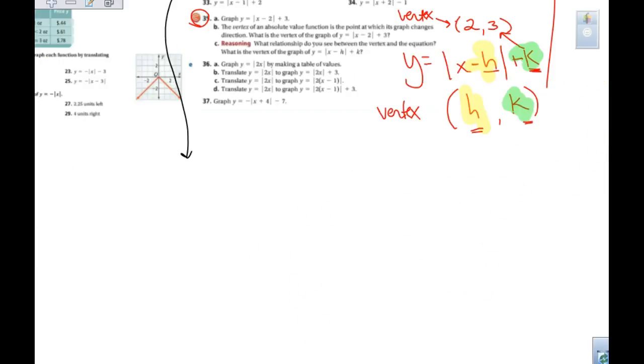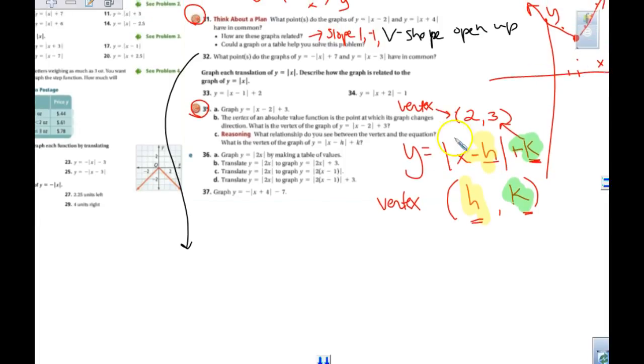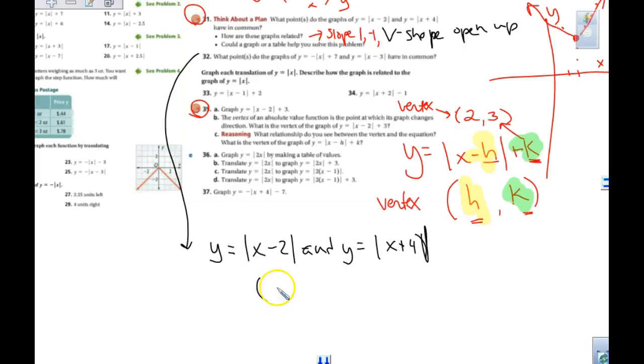So if we are looking at those two equations, we had y equals the absolute value of x minus 2, and y equals the absolute value of x plus 4. My y coordinate of my vertex did not change. This one should be (2, 0) for my vertex.